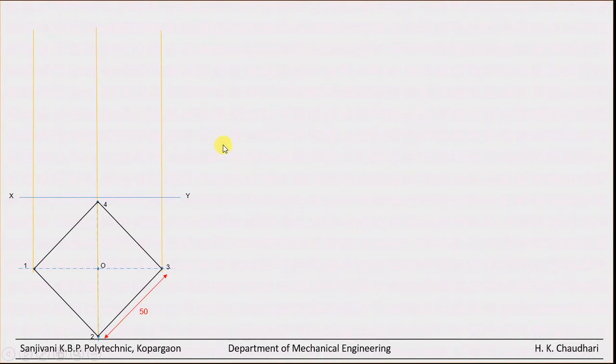Now see the height of the prism is given 90 mm. So measuring 90 mm from this XY line, draw the projection or the locus of the top surface, top face. Now these two rectangular parts are shown here. They represent the rectangular faces 1, 2 and 2, 3, clear. So for better understanding, give the labels.